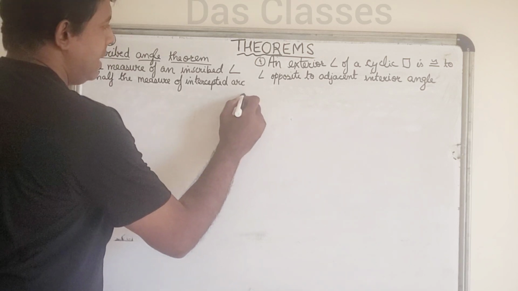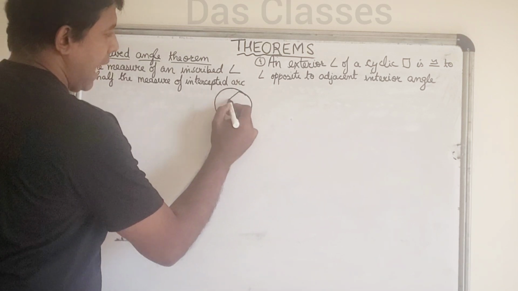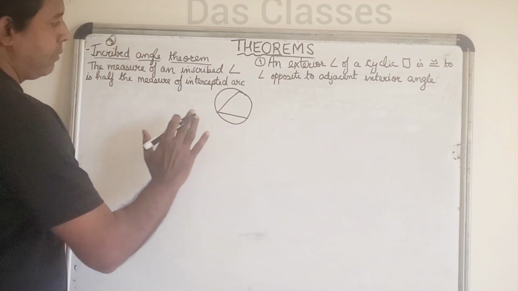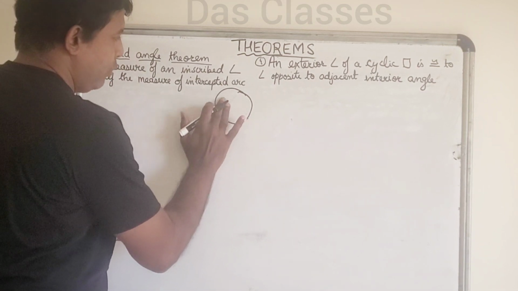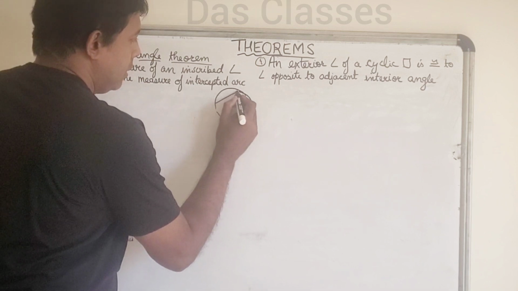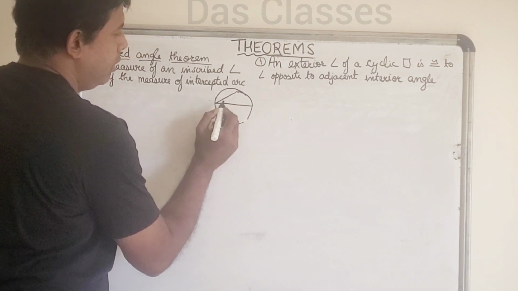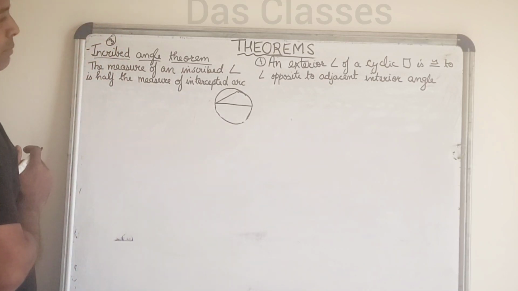Now what do you mean by an inscribed angle? If you draw a circle and if you draw an angle with the vertex on the circle, then it's going to be an inscribed angle. But to prove it here, what we'll do is we will take one of the arms on the diameter to prove the inscribed angle theorem.